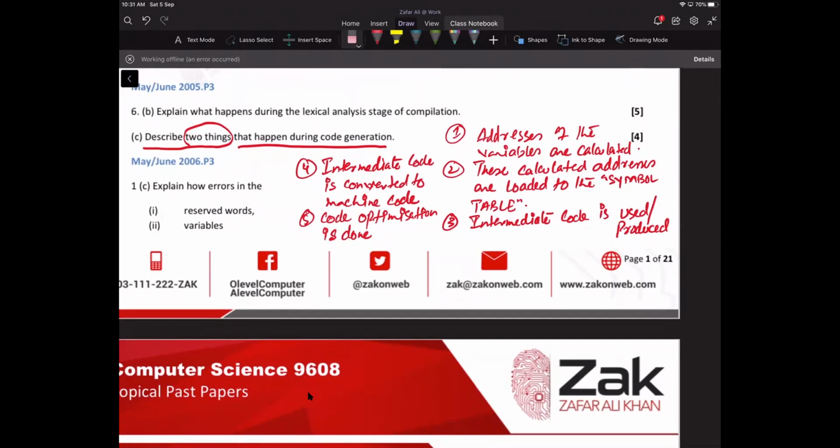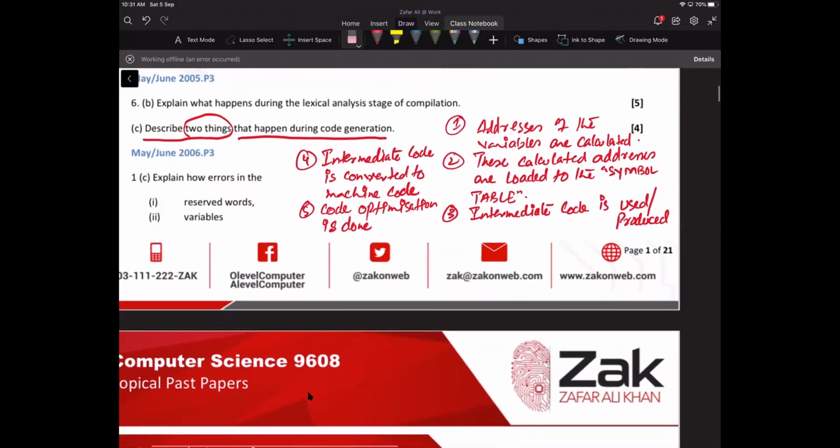Now, whatever you assign to the variable: for example, if it is an integer, we cannot assign a name like Zafar Ali Khan to it, since it is an integer. This assignment is wrong. We cannot assign a different type of data. So the content of the variables must be checked at this stage. They must be of a specific type, and errors are created by the attempted use of anything else.